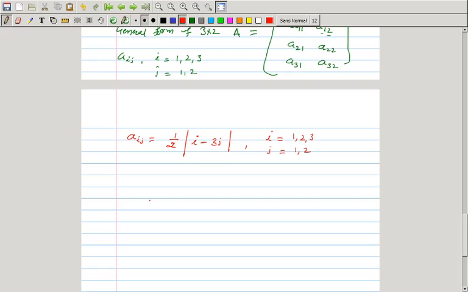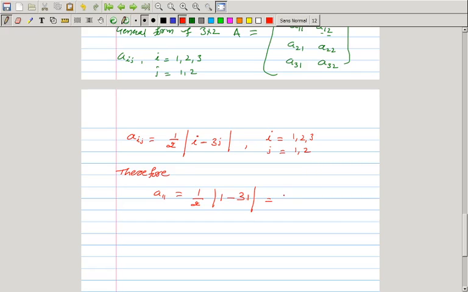Therefore our element A11 is half modulus of 1 minus 3, right?